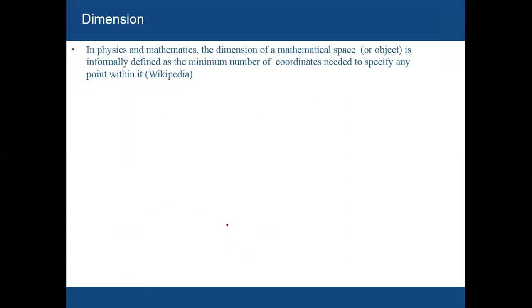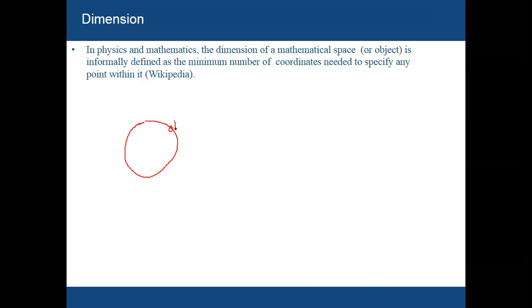What is dimension actually? In physics and mathematics, dimension means the minimum set of numbers needed to specify the location of a point, like in one dimensional space or two dimensional space. For example, in a circle, how do we specify a location, how do we specify a point?